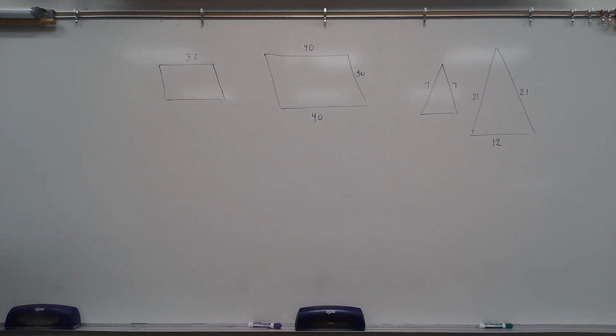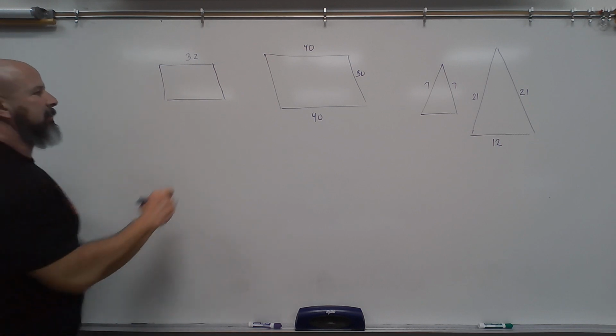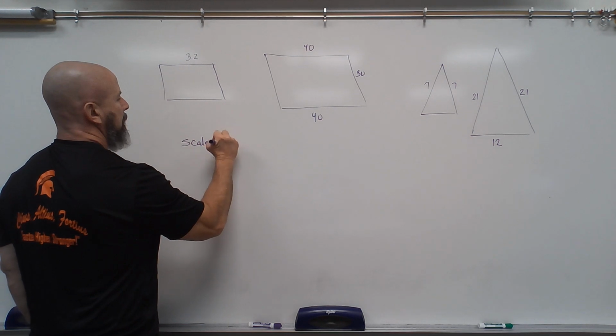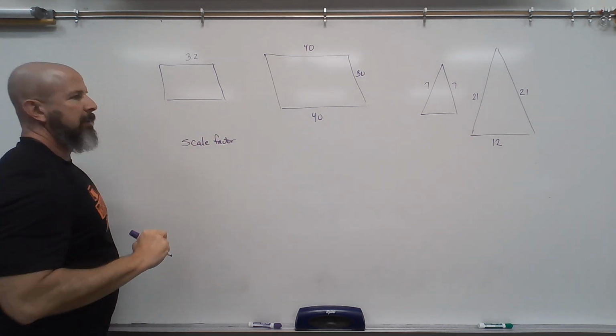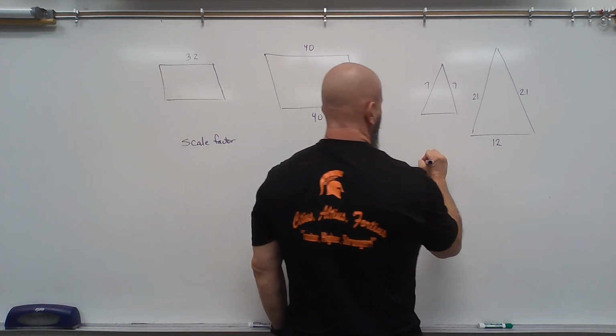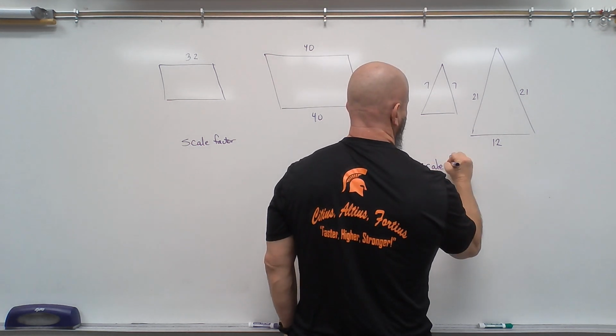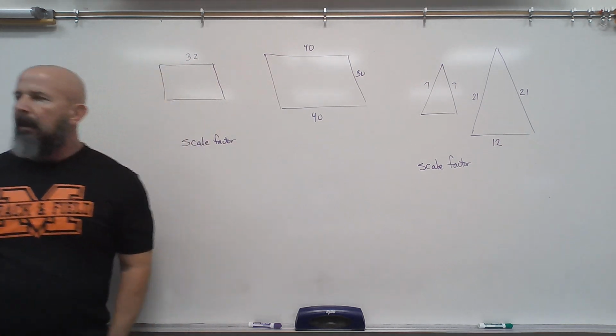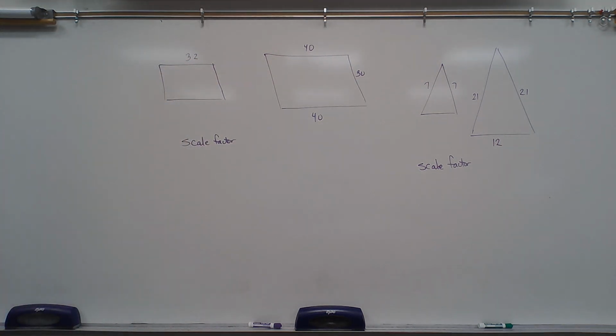All right, our next pair of figures is asking us for a scale factor. And a scale factor is referring to the size relationship between each, right? So in the case that we have here, I'm just looking at the scale factor of the left figure to the right figure because it's asking me in the instructions the smaller to the larger.